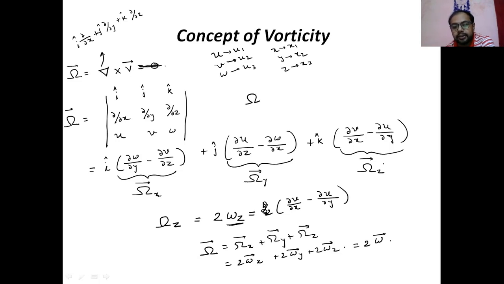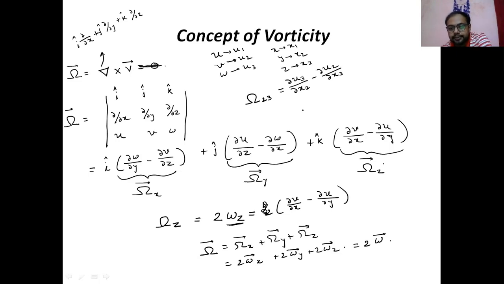Which plane is it? 2 and 3, because it's the YZ plane. Whatever vector is written is perpendicular to the plane. So the x vector is perpendicular to the YZ plane. So y is 2, z is 3, omega 1. So this is coming as du3/dx2 minus du2/dx3. That is the way to write it down.